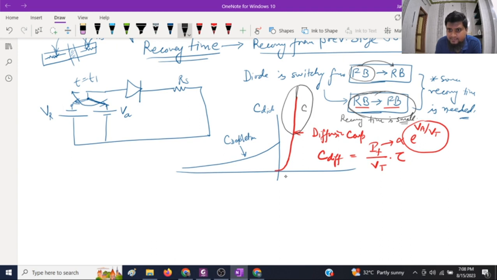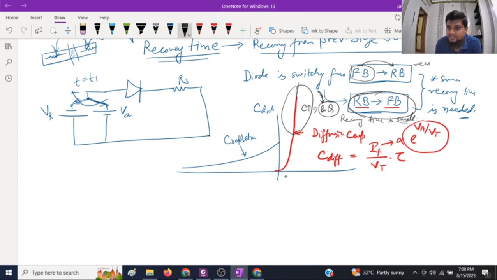Because C was very high, delta Q, the charge stored across the junction, was quite high. Hence, coming from forward bias to reverse bias, we need to deal with a very high amount of charge that has to be transferred to the other side of the junction, so it takes time.